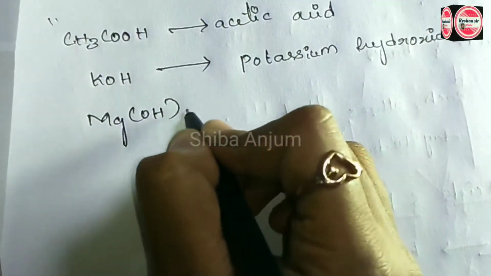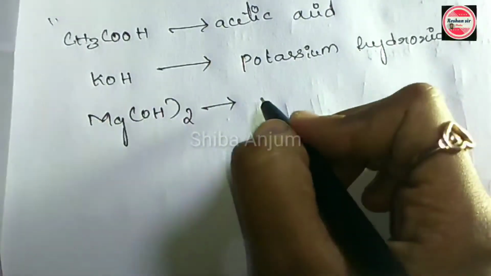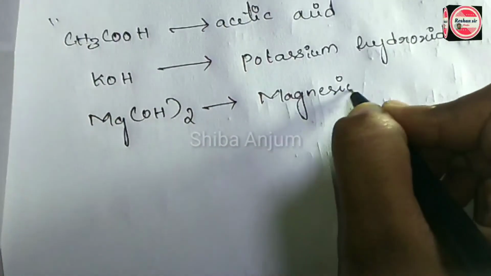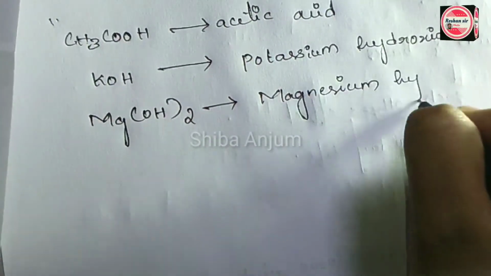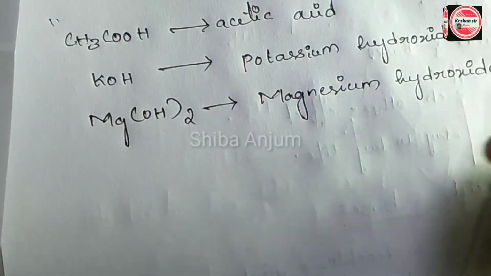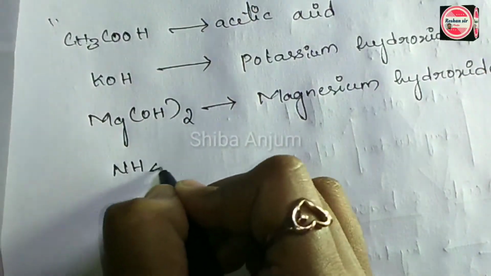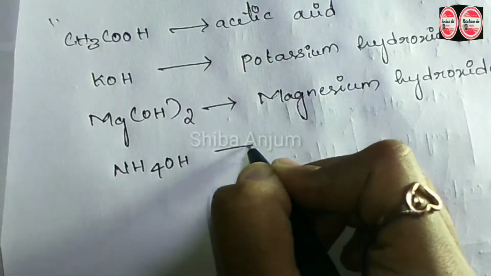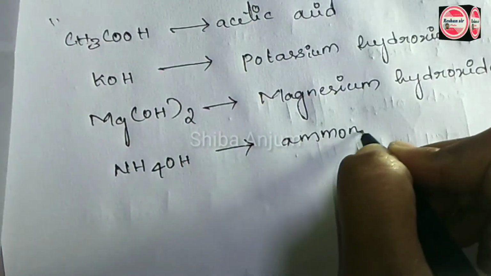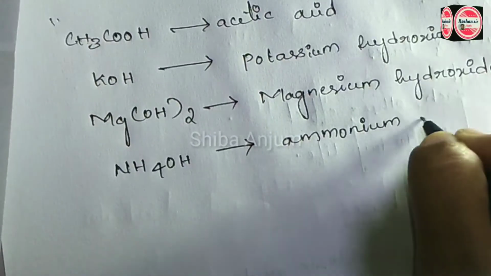Mg(OH)2, which is known as magnesium hydroxide. NH4OH is called ammonium hydroxide.